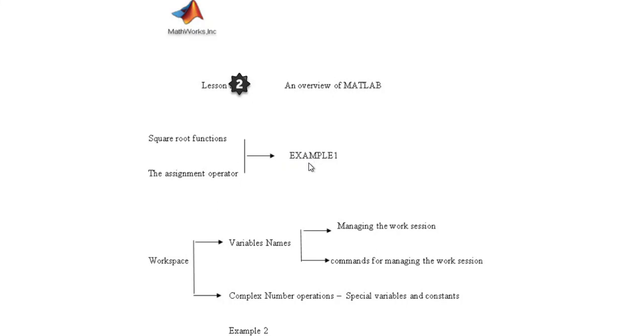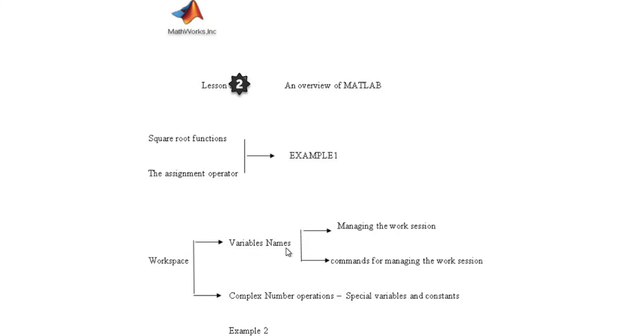The next point of this presentation is the workspace. It can be divided into two steps. The first step is the variable name, which we use to specify or to assign the name of some number.